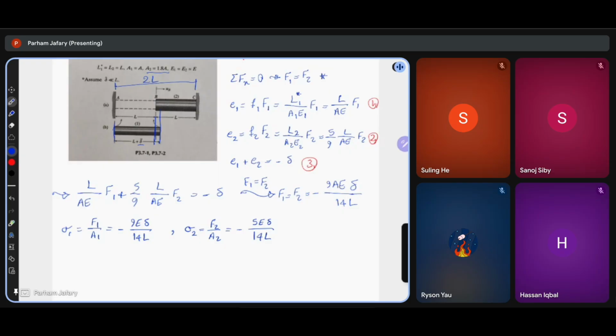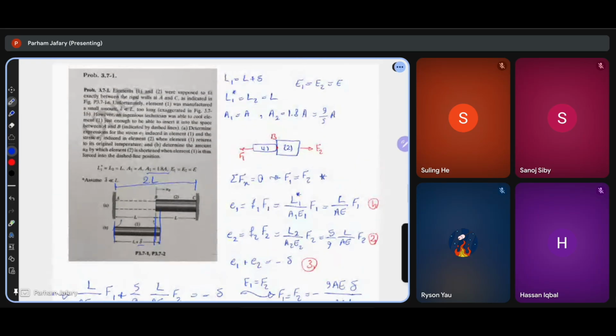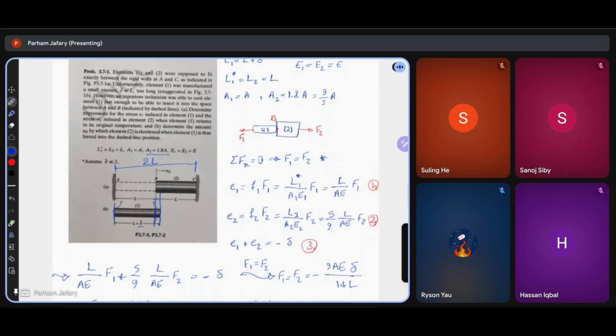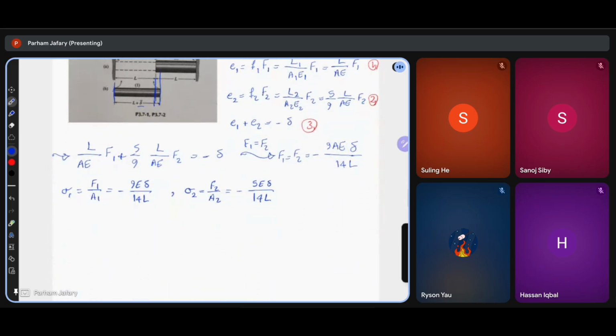Okay, now moving to part B, which says determine the amount UB by which element 2 is shortened when element 1 is forced into the dashed line.